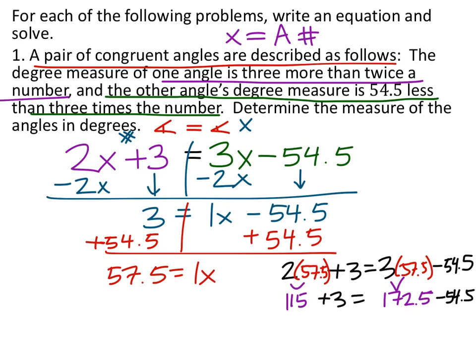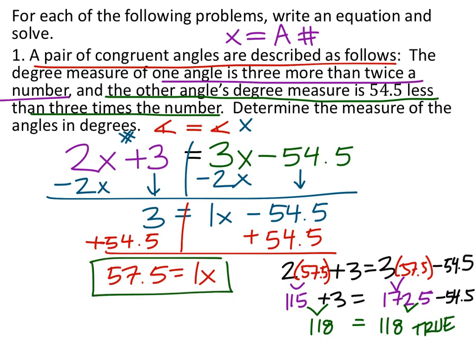And then we'll evaluate these two as well. So that's 118, and 172.5 minus 54.5 is also 118. That is true. Since it is true, we know that our solution for this equation is an actual solution. It makes it a true statement.